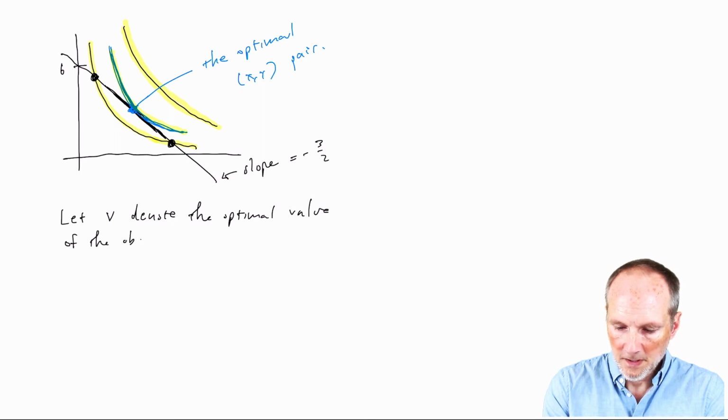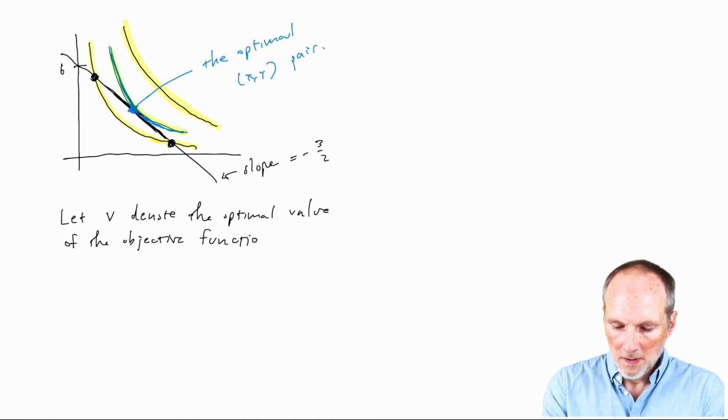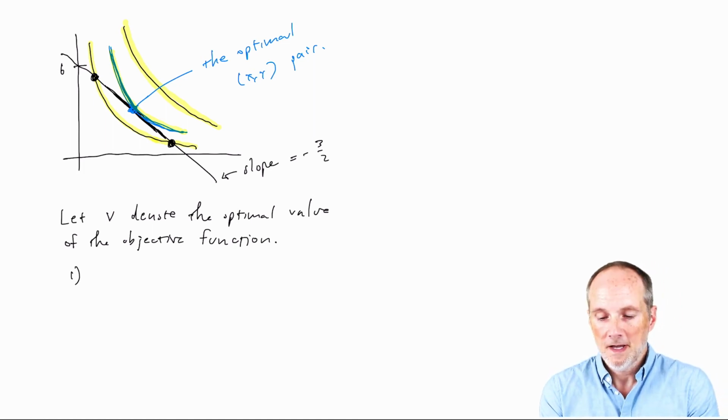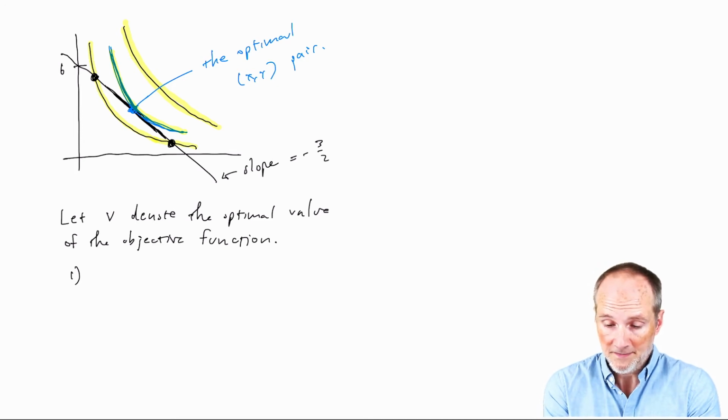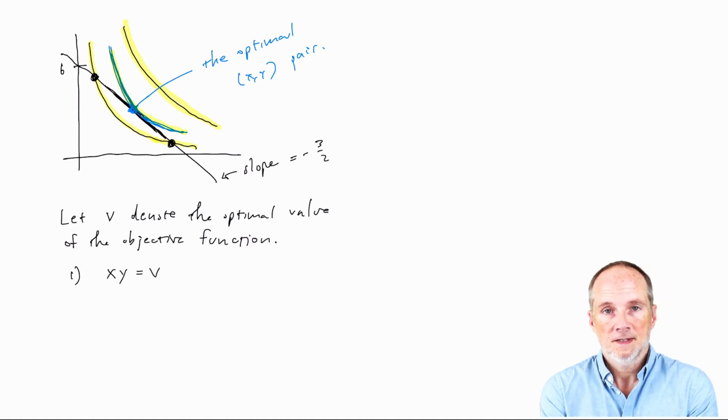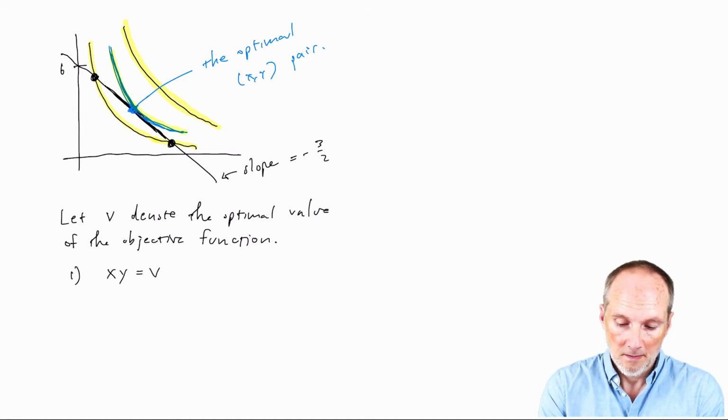Okay, so one obvious condition that the optimal pair has to satisfy is that it achieves that value, so that x times y is equal to V. It also has to satisfy the constraint, which is 3/2 x plus y is equal to 6.